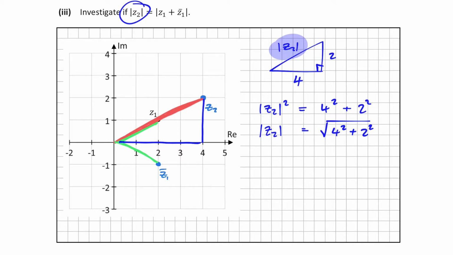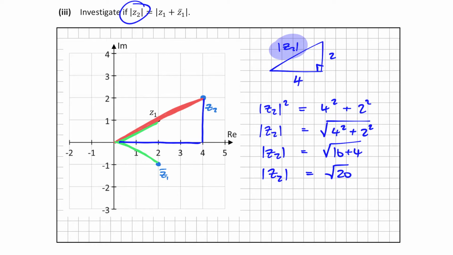So I'll go on there and finish that off. It'll be equal to the square root of 16 plus 4, so the modulus of z2 will be equal to the square root of 20. Okay, so that's the first part. We've worked out what the modulus of z2 is.